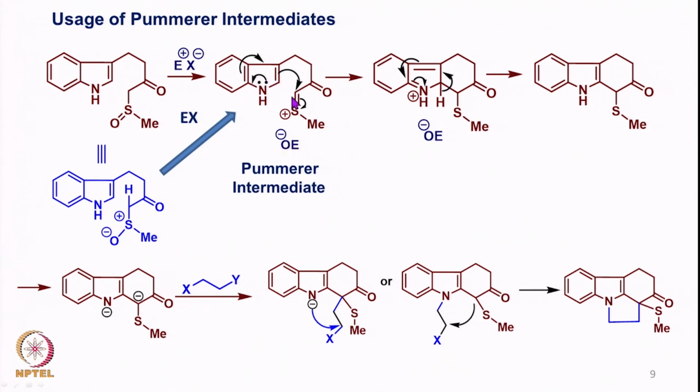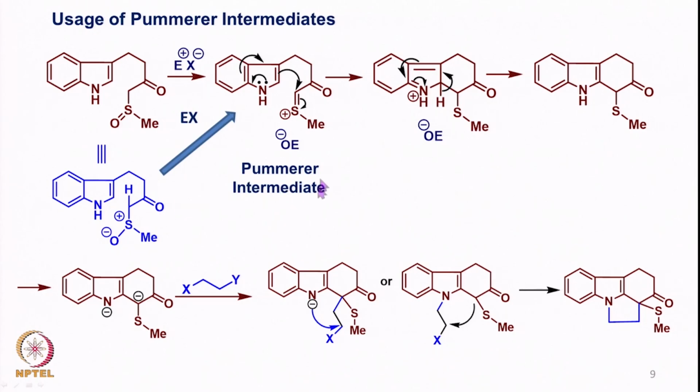So instead of this nucleophile attacking onto this carbon here, since this species now is well suited for an intramolecular reaction, the reaction occurs to trap this intermediate, where this carbon is now electrophilic, and therefore the nucleophilic carbon of the indole then attacks this, leading to the formation of this type of intermediate, which then loses a proton to form the indole derivative of this type, where now you can see that there is a new carbon-carbon bond formed and a new cyclic ring is attached to the indole.